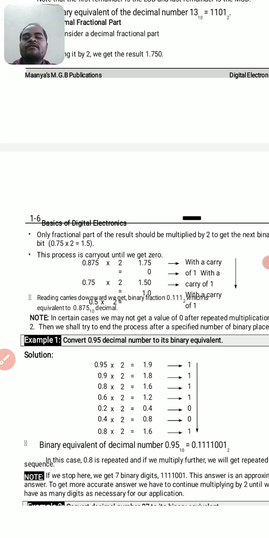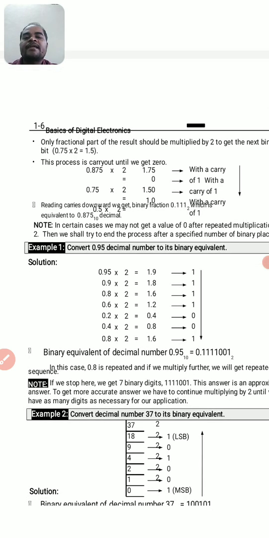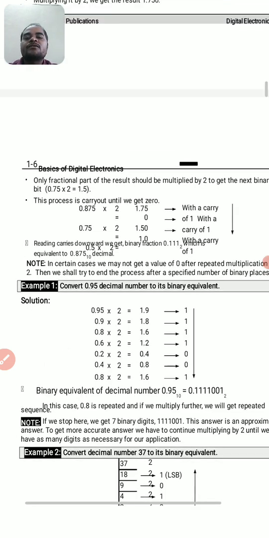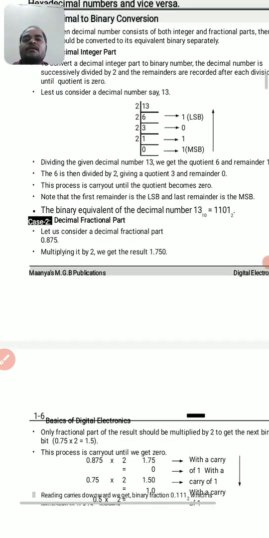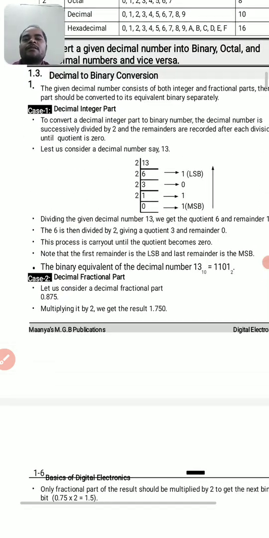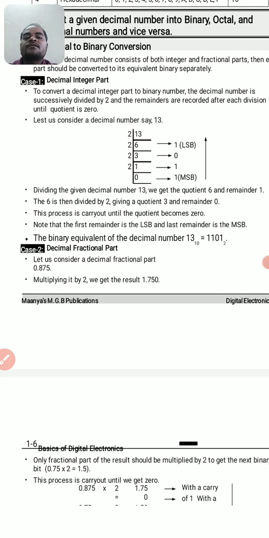So the binary equivalent for the given decimal number 0.875 base 10 is 0.111 base 2. Okay, so this is the conversion process for a given decimal number, in the case of the integer part and the fractional part, into the equivalent binary integer part and fractional part.